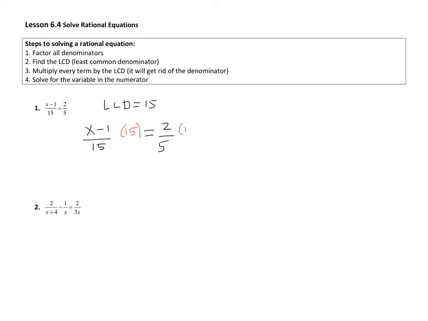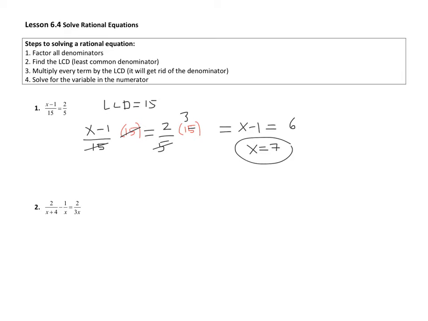I multiply that by 15. And when I simplify that, see that's gone, and that gives me 3. So I get x minus 1 is equal to 6, which means x is equal to 7 if I add 1 to both sides. So that's my answer.